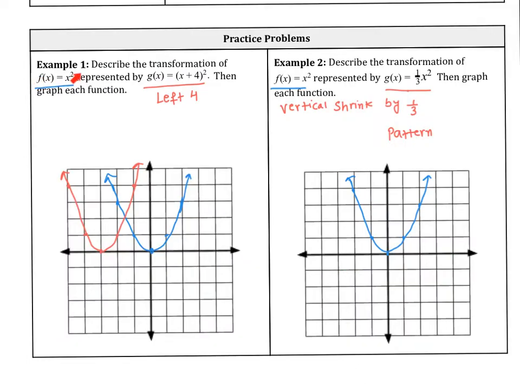For example number 1, describe the transformation for f(x) equals x squared, represented by g(x) equals (x plus 4) squared. So for the parent function, you start from 0, 0, and you follow the pattern that is 1 up over 1 and then up 3. So that's going to be the point.